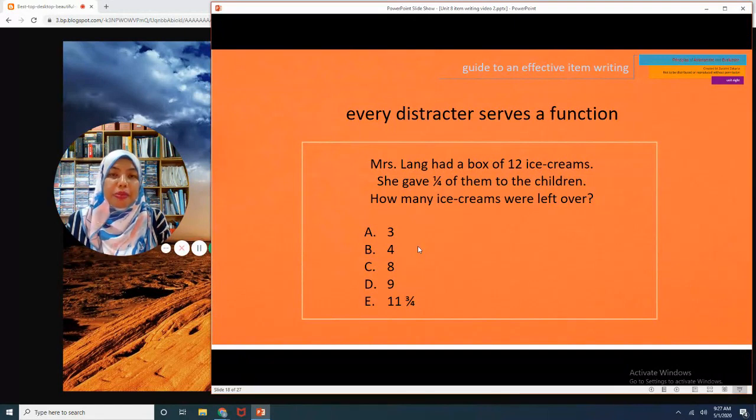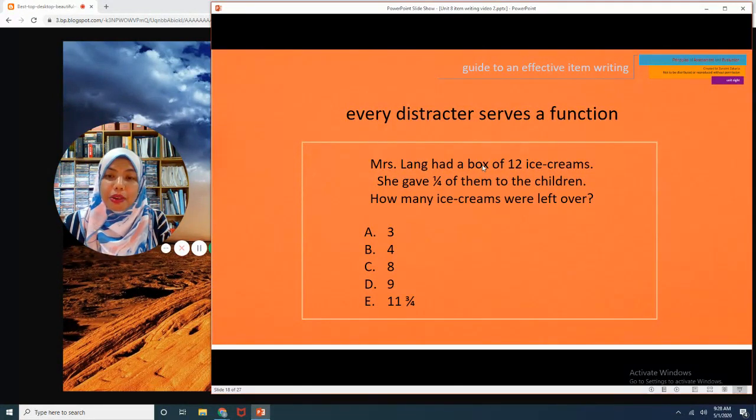This is an example of an item for a mathematics test. Each option in this item provides significant information about learners' thinking process when they were trying to answer it. So you can also manipulate multiple choice in this way so that every item and every option provides relevant and important evidence of learning.